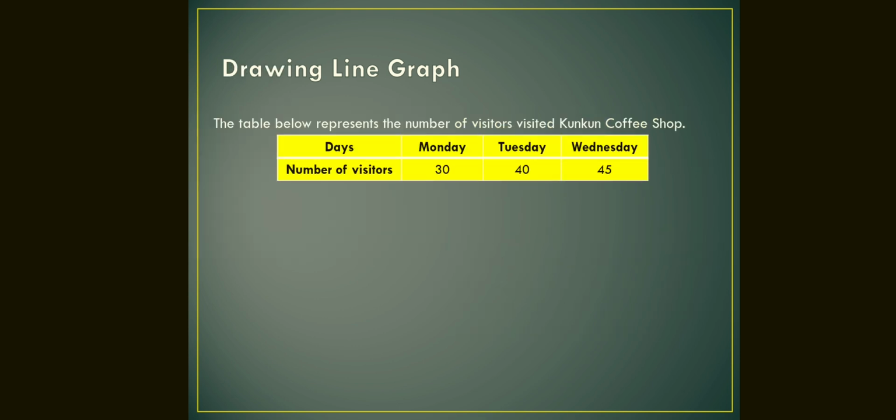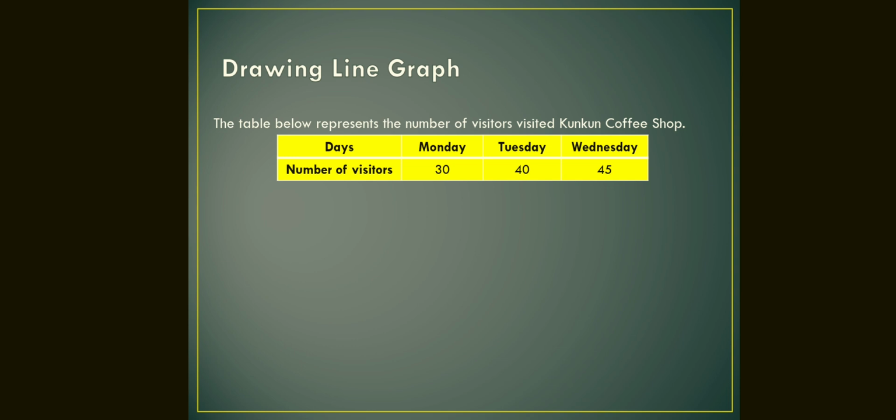Now we're going to draw a line graph. The table below represents the number of visitors who visited Kun Kun Coffee Shop. The number of visitors was recorded on Monday, Tuesday, and Wednesday.